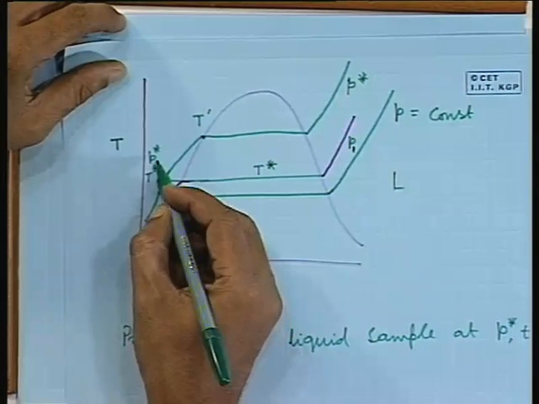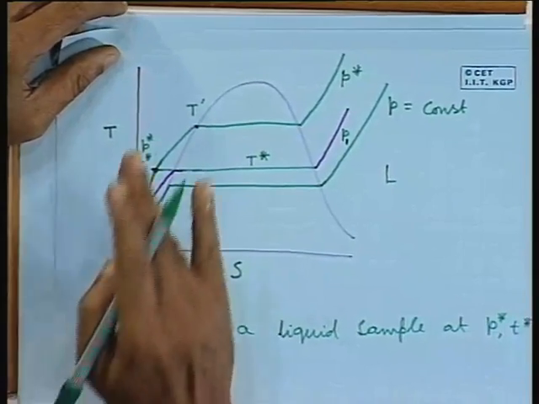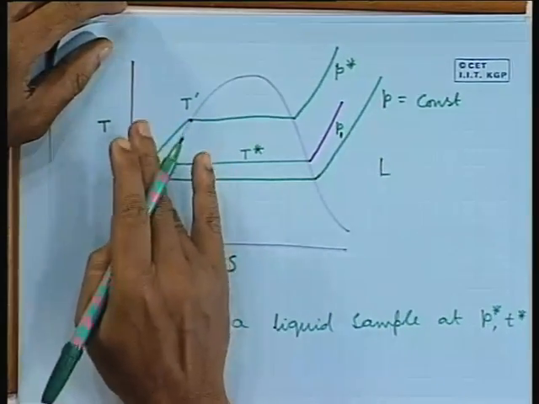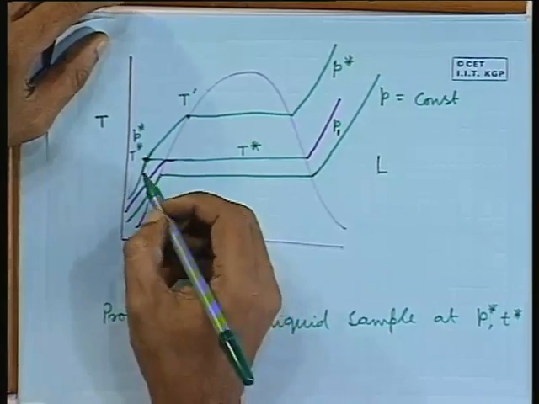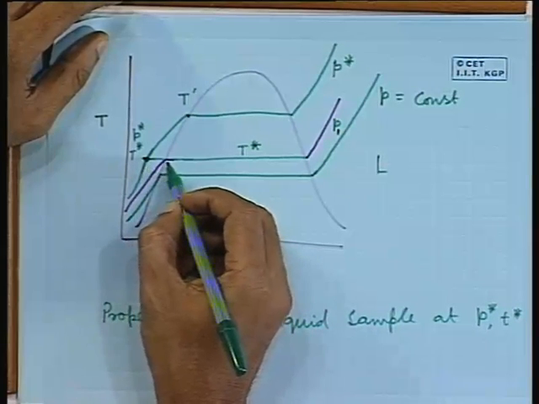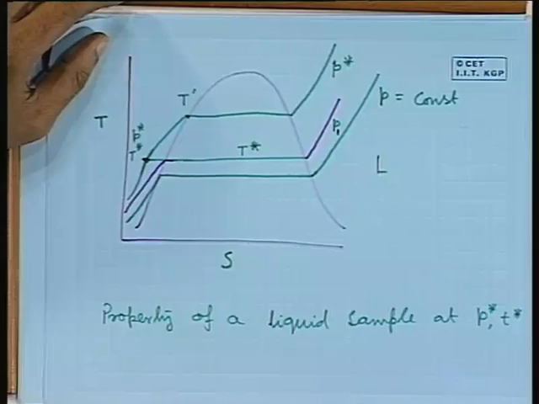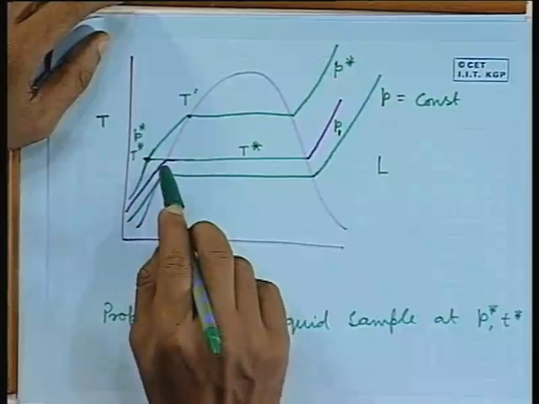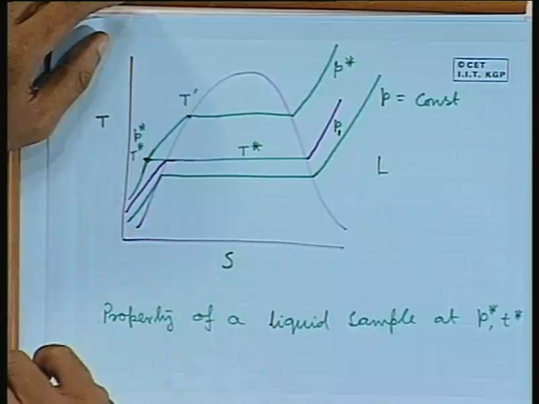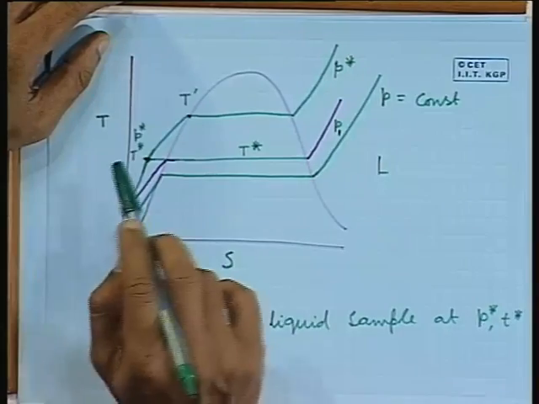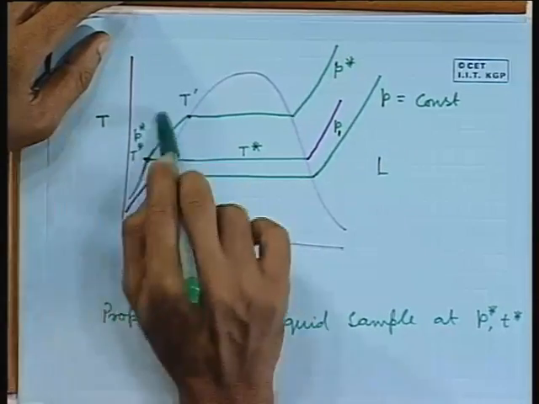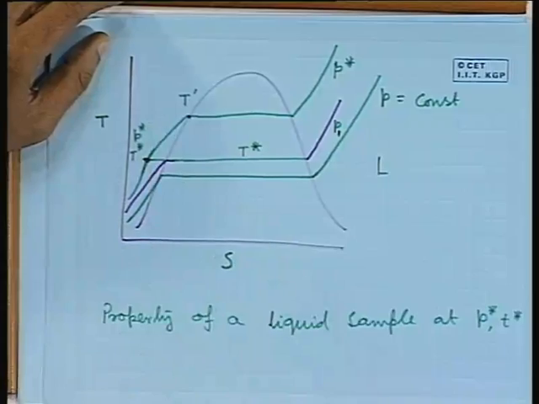This T star and P star, though these two independent conditions of the state of this sample are given, we determine the property at the saturated state corresponding to T star. We do not bother what its pressure is. If we know the temperature, then the saturated liquid property corresponding to that temperature we take as the property of the subcooled liquid.